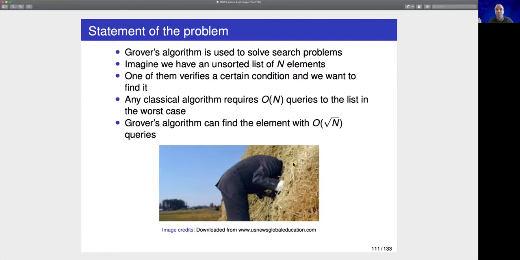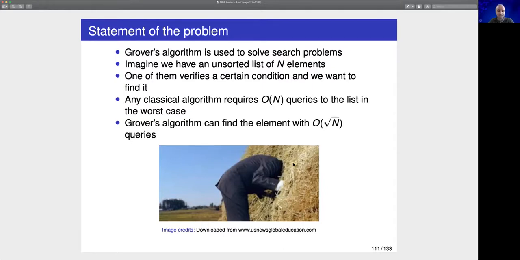It can be, if you are very lucky, at the beginning or in the first place that you check, or it can be at the end or in the middle. You don't know, and it's not sorted. You have no additional information to start your search. So if you, for instance, have a list of, let's say, 10,000 elements, you need to check about 5,000.